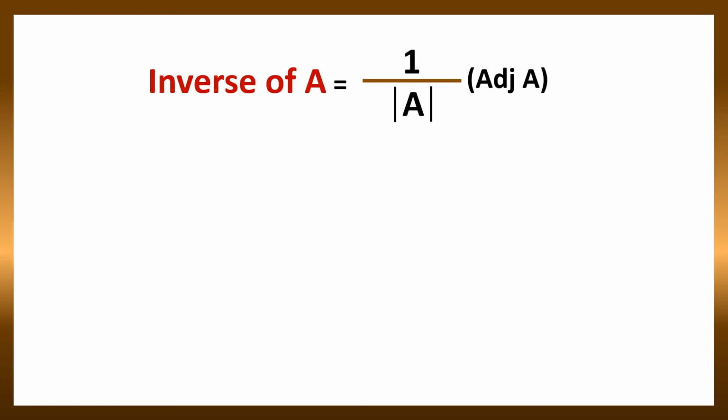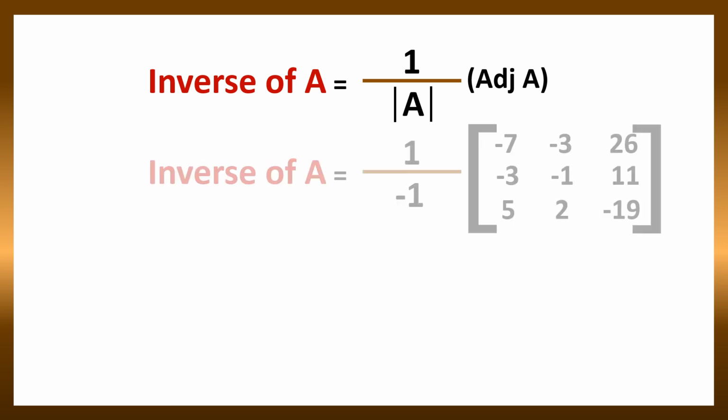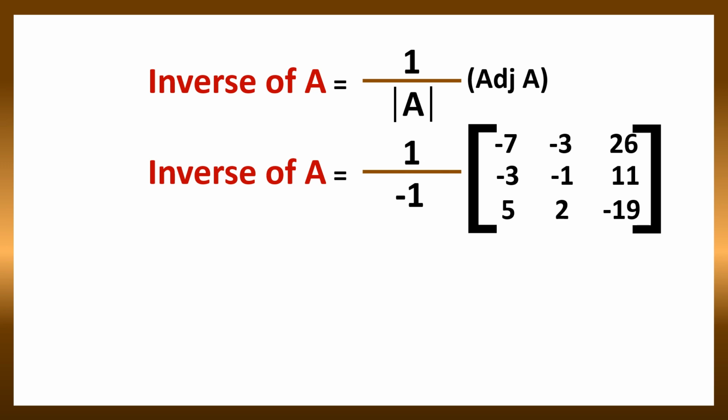Hence, we got all the elements to be applied in the formula. We got Adj A as well as determinant of A. Now let us apply it in the formula. So inverse of A is equal to 1 by minus 1. Minus 1 is the determinant of A. That into the Adj A matrix.